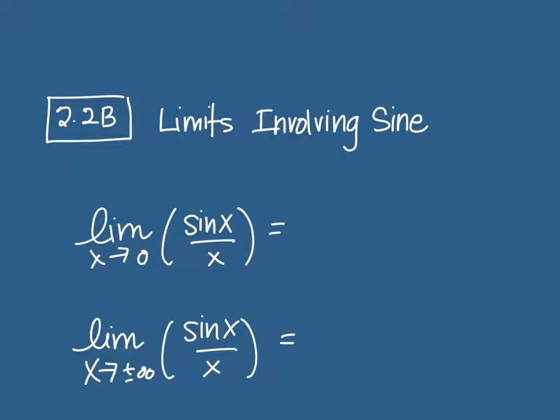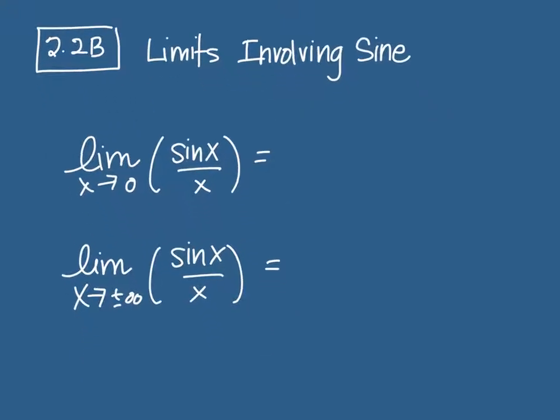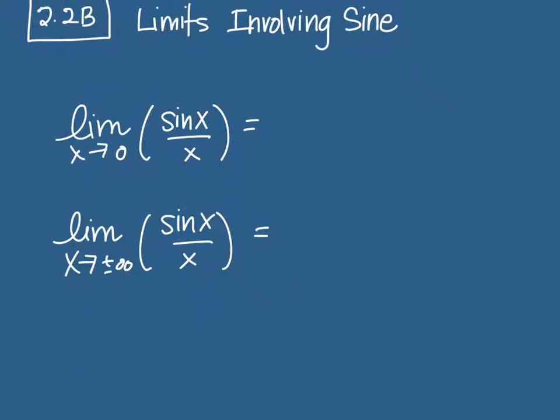The values of these two limits are something you have to memorize. I will show you how to prove them. You won't have to recreate those proofs, you just have to understand them. It's not like geometry where you have to do these proofs. But I'm going to show you the answers, and usually you guys will believe me that I'm telling you the truth, but I am going to show you why those answers are true.